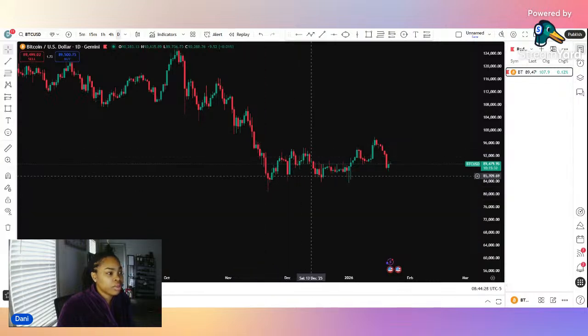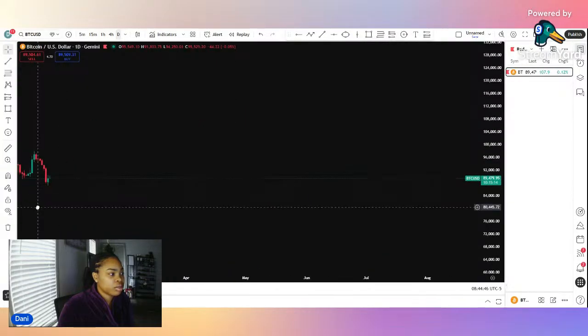However, we see that there was consolidation here on the daily time frame, and now it's revisiting this very strong low point potentially. Okay, as of recently, it is making a lower low.